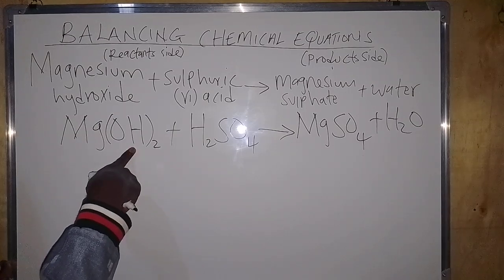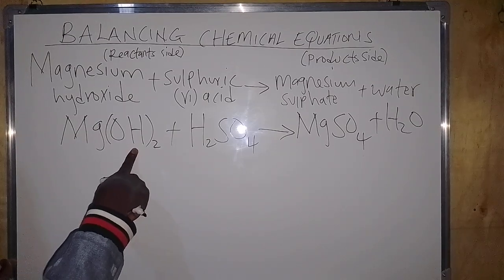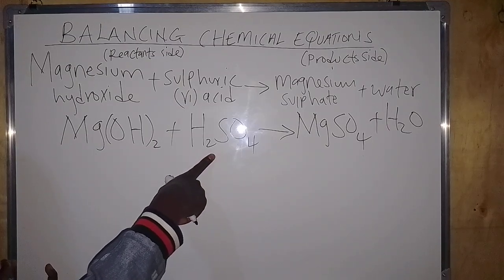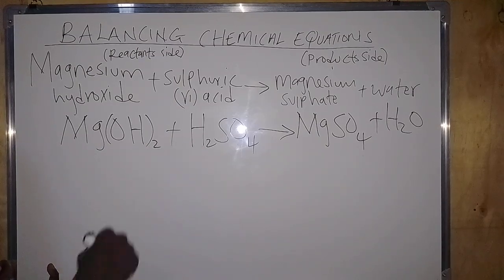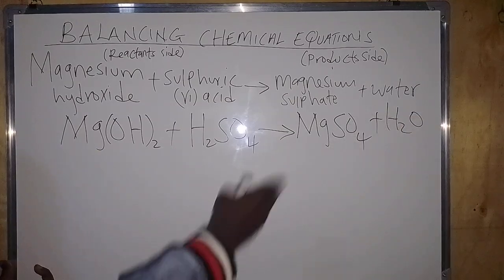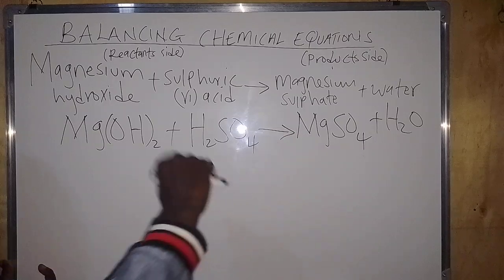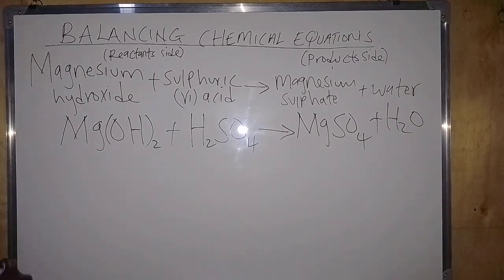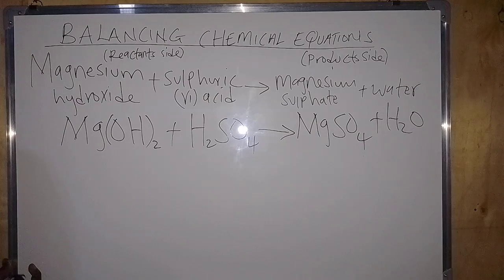On this side we have 2 times 1, which gives us 2. We have also 2 other hydrogen atoms on the reactant side. So the total number of hydrogen atoms that we have on the reactant side is 4. Looking at the hydrogen atoms on the product side, we have only 2 atoms of hydrogen.